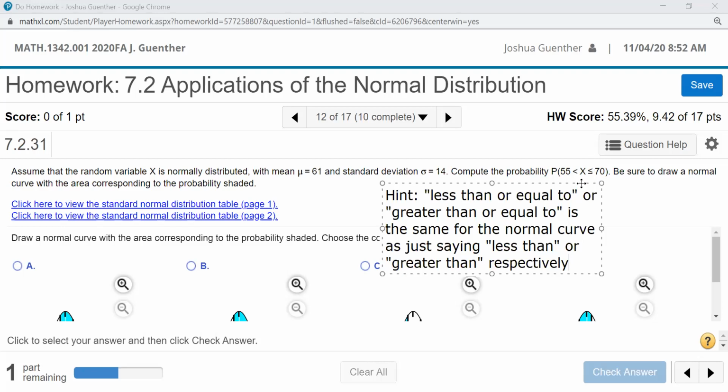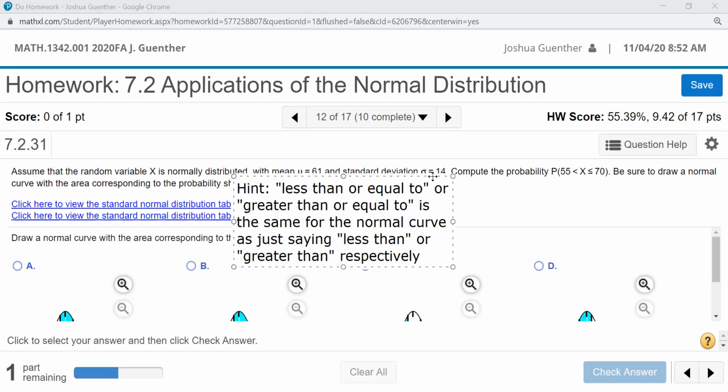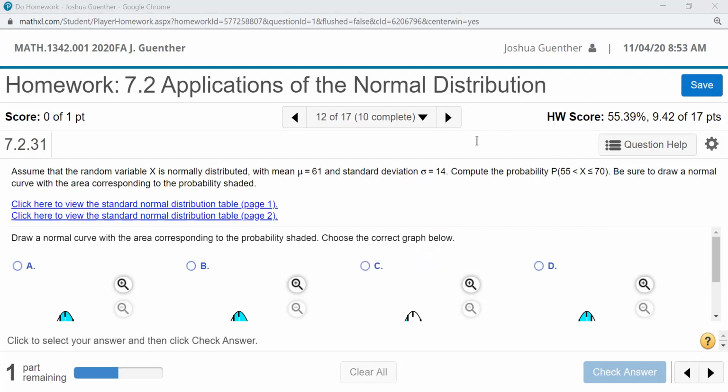That's only true for continuous distributions like the normal distribution. If this was a discrete distribution, then we would concern ourselves with the or equal to. So basically, you can pretend the or equal to isn't even there. Why? It has to do with measure theory in real analysis, higher level math than we really want to get into at this time.